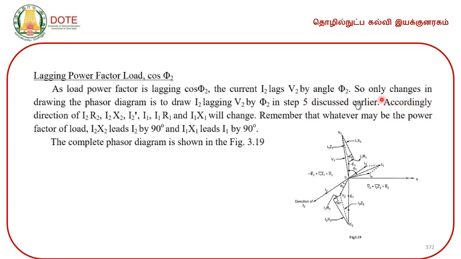Accordingly, the direction of I 2 R 2, I 2 X 2, I 2 dash, I 1 R 1 and I 1 X 1 will change. Remember that whatever may be the power factor of load, I 2 X 2 leads I 2 by 90 electrical degrees and I 1 X 1 leads I 1 by 90 electrical degrees.